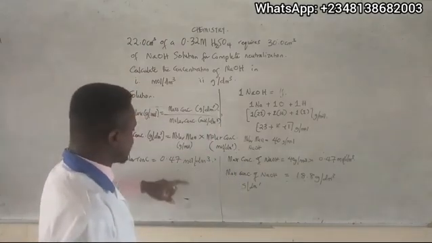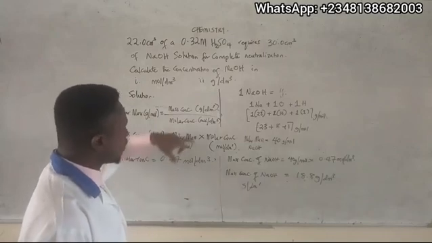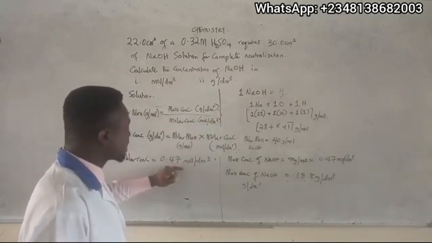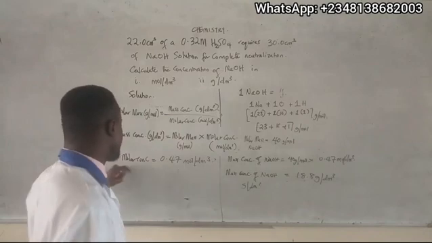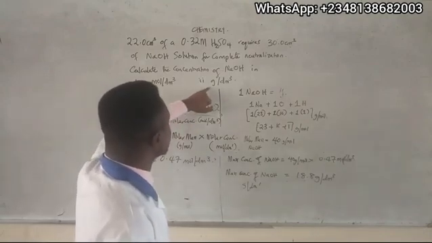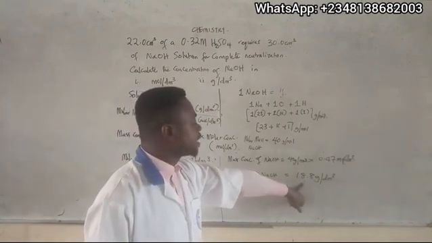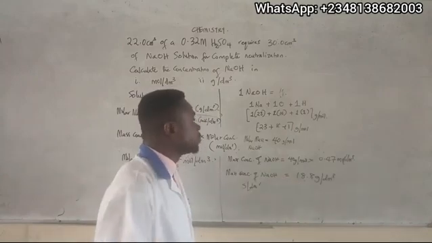The first one is 0.469, approximately 0.47 mole per dm³. That is concentration in mole per dm³. Then concentration in gram per dm³ is approximately 18.8 gram per dm³.